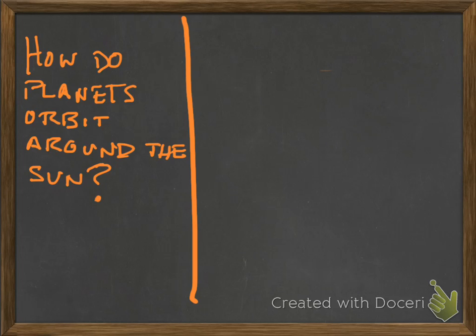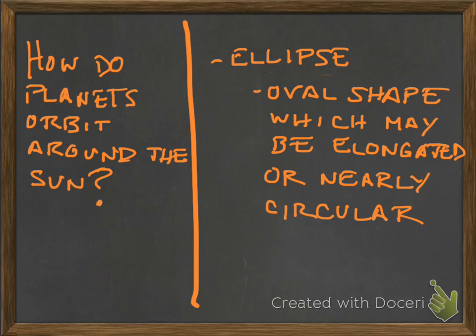Now, how do planets orbit around the sun? Well, some of you may think, oh, well, it's circular. Well, not exactly. Planets orbit around the sun in an ellipse, which is basically an oval shape, which may be elongated or nearly circular. So it's almost circular, but not quite.